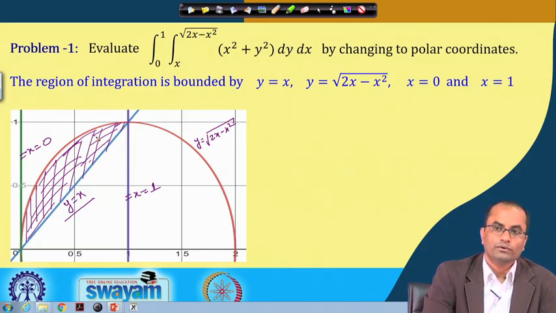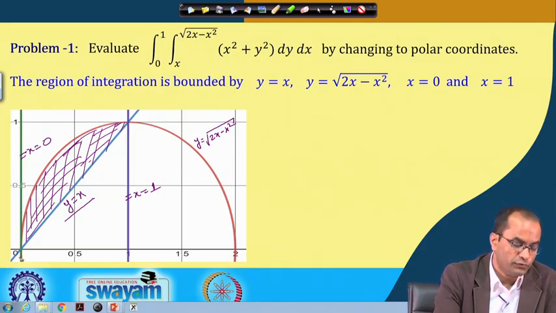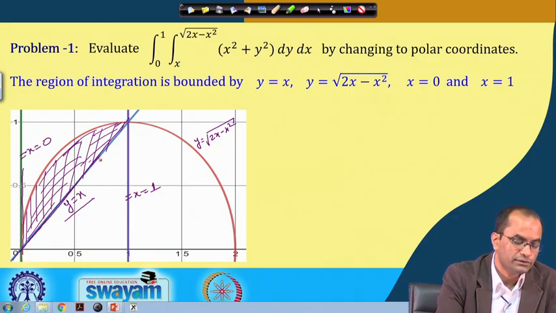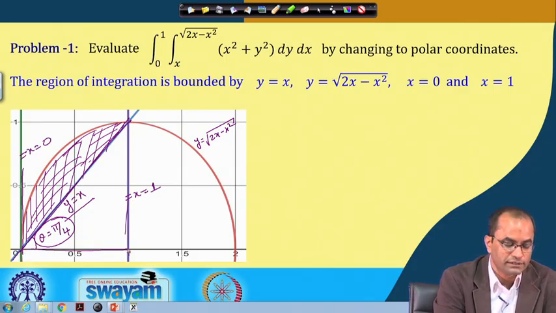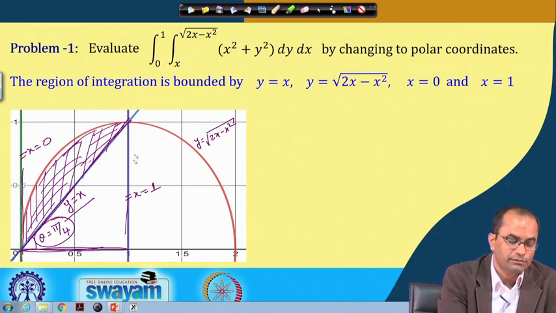So, for polar coordinates, for the limits of theta, we go from this line to this one. Here it is x is equal to y line. So, in terms of theta, it is pi by 4, because tan theta is 1, since this is 1 and this is also the same 1, so tan theta will be 1 by 1.